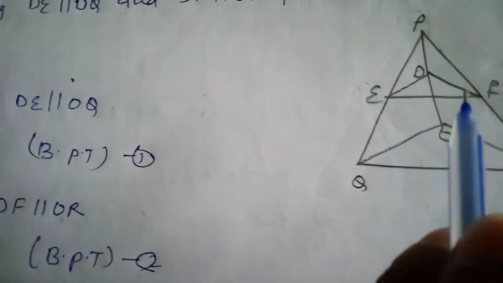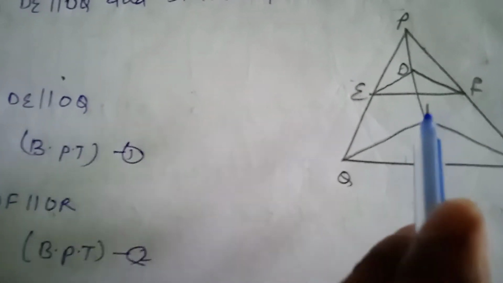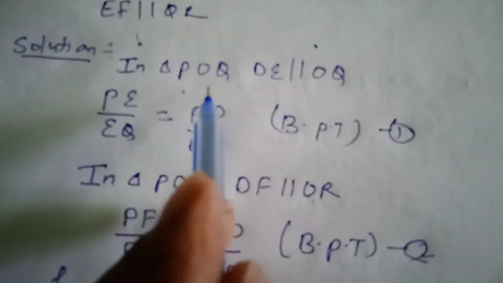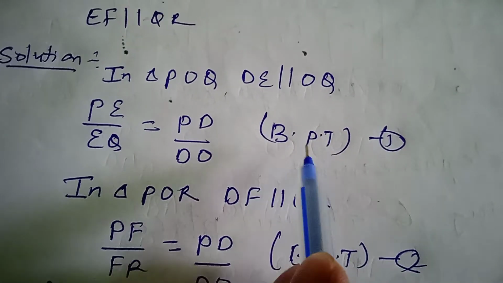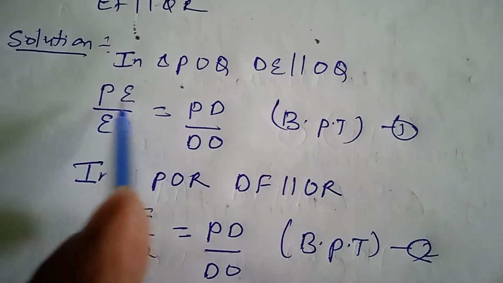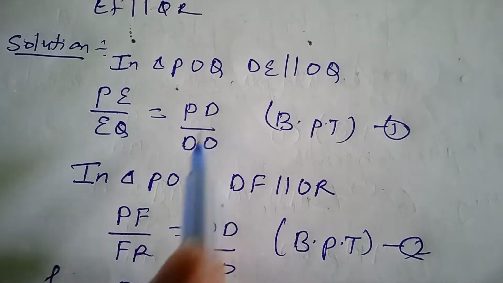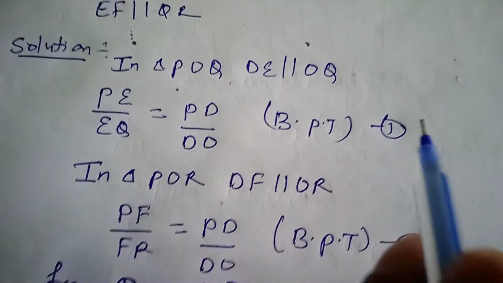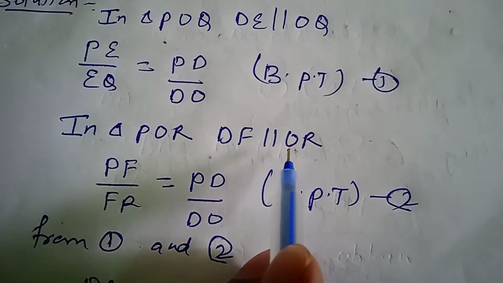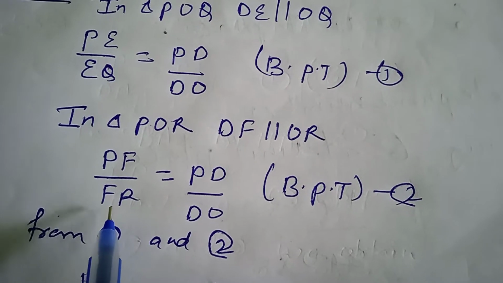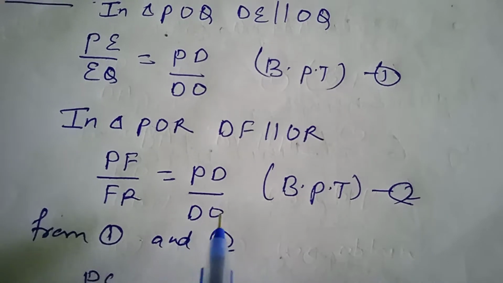With the help of these three triangles, using the basic proportionality theorem, in triangle POQ, DE parallel to OQ, PE upon EQ is equal to PD upon DO. Point number 1. In triangle POR, DF parallel to OR, PF upon FR is equal to PD upon DO.